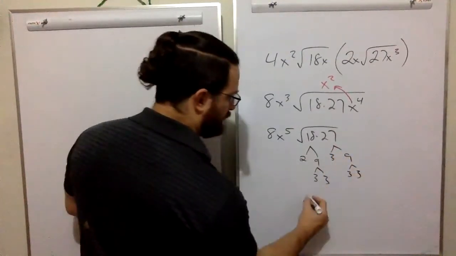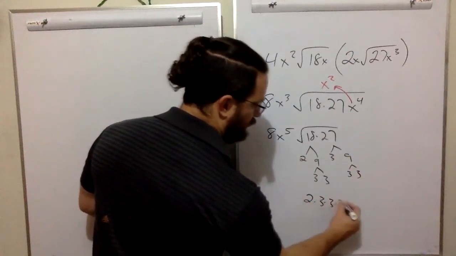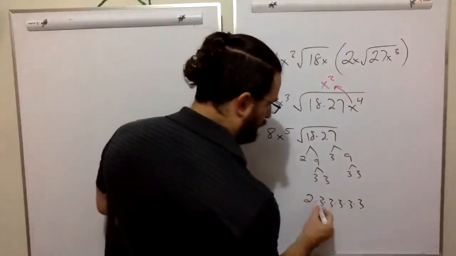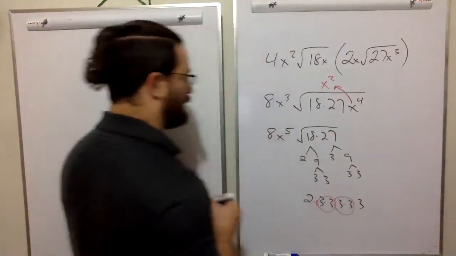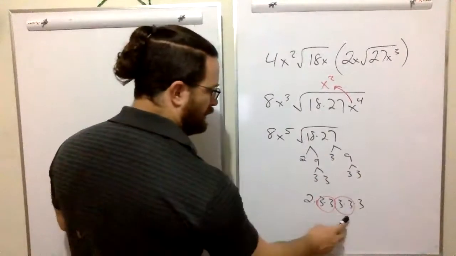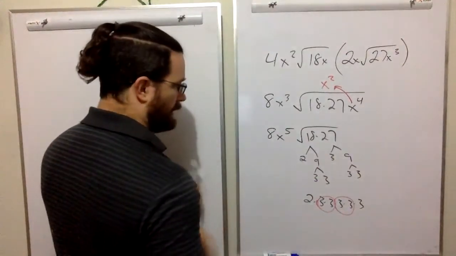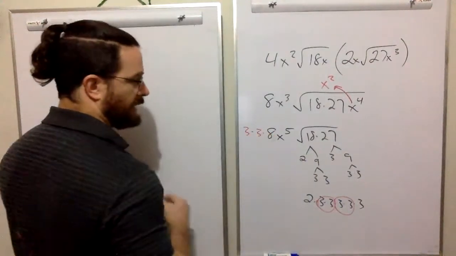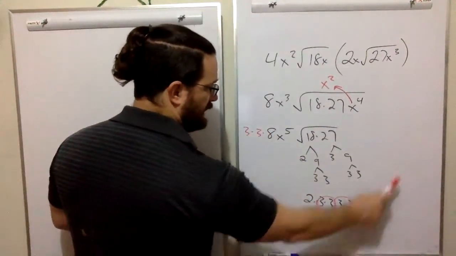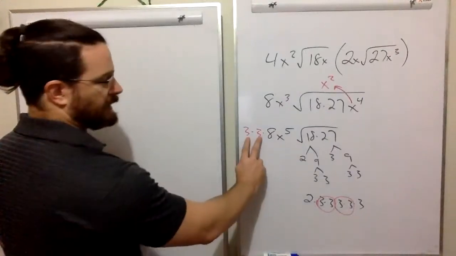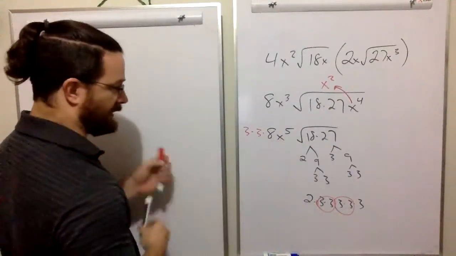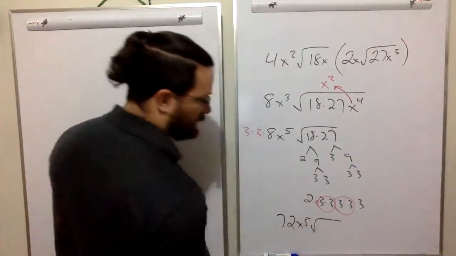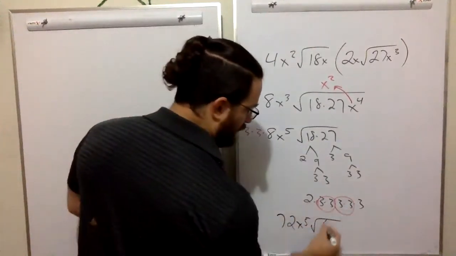In total, I'm going to have one 2 and then five 3s. I've got a perfect square here and a perfect square here, so I'm taking out two 3s, and I'm left with 6 on the inside. On the outside, 3 times 3 is 9, 9 times 8 gives me 72. So I have 72x to the 5th, and I'm left with the 2 and the 3, which make 6.